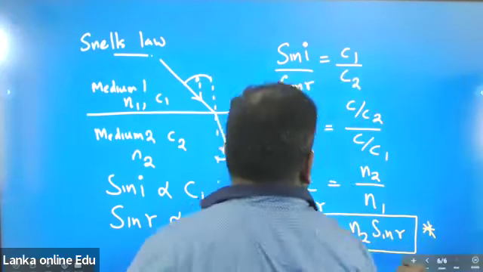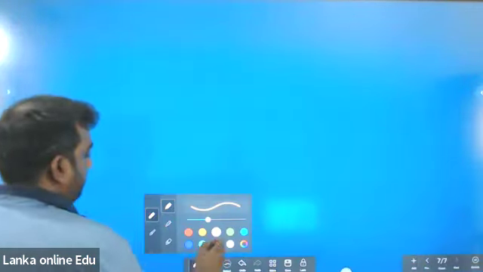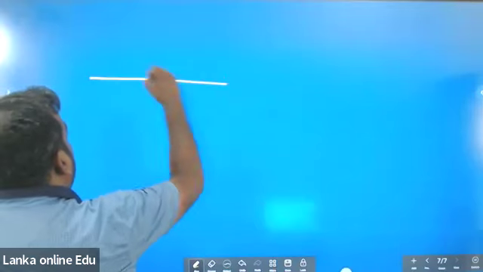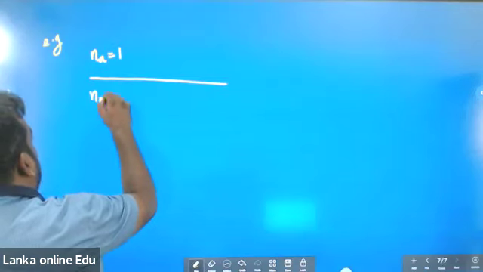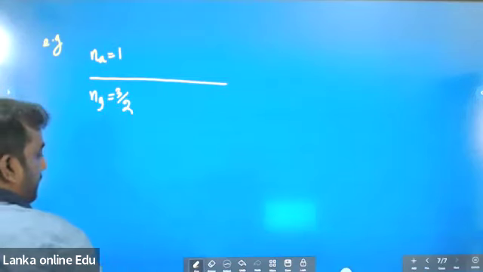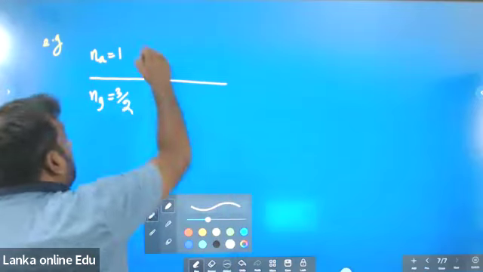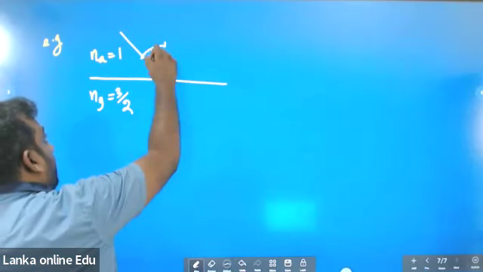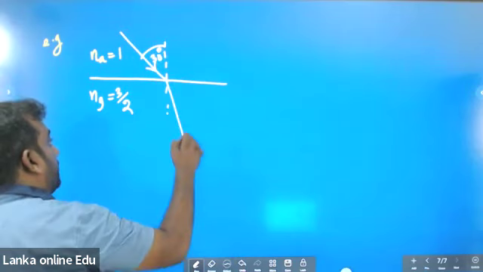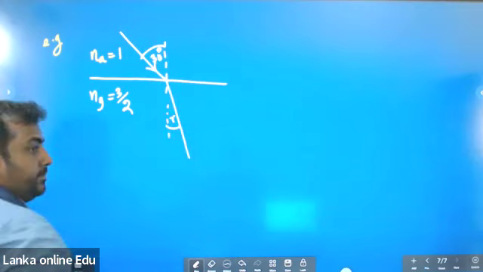Okay. Have a look. We'll do a simple example. This is air, this is glass. Light is traveling from air to glass. Angle of incidence 30. They are asking angle of refraction. How will you write this?